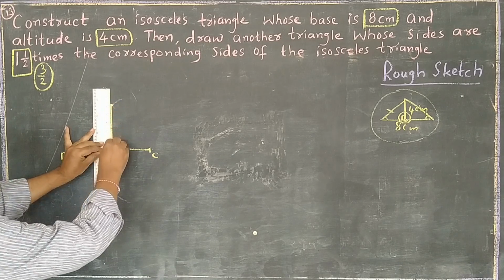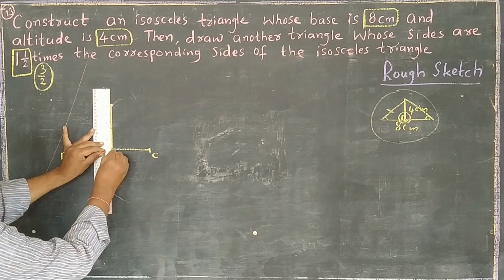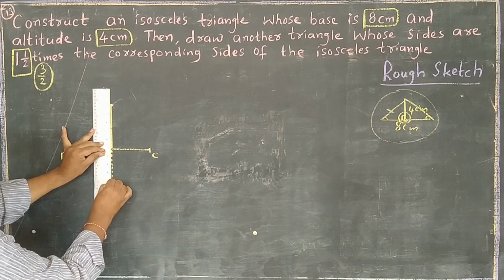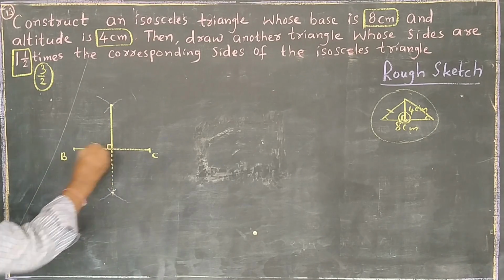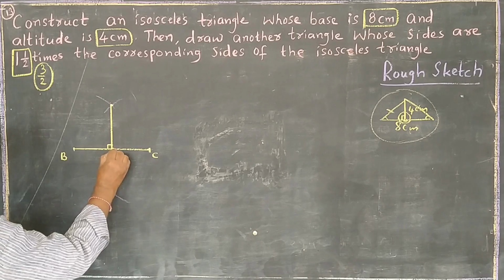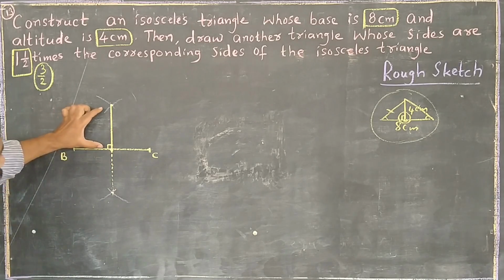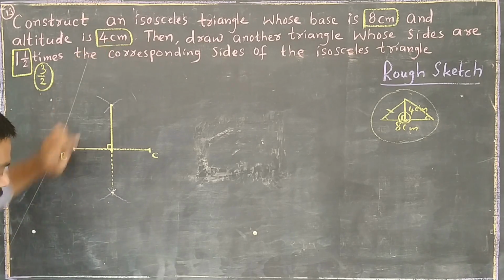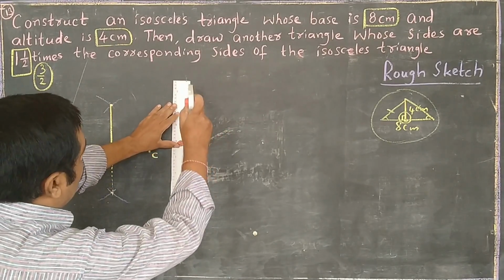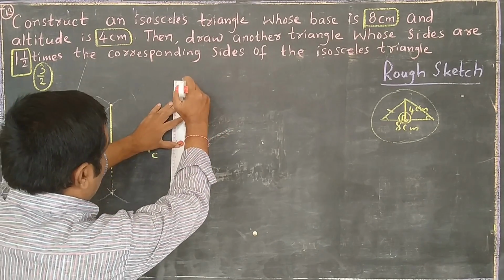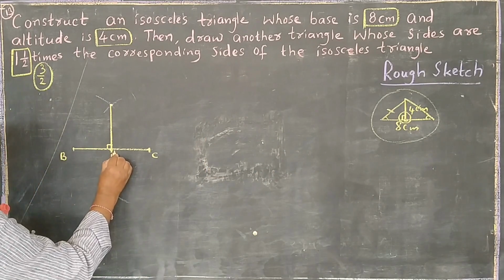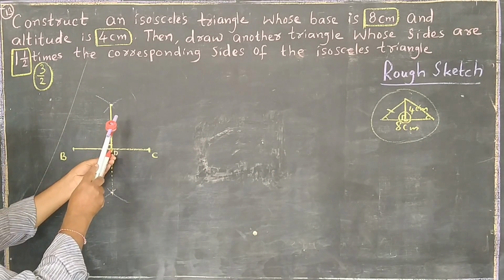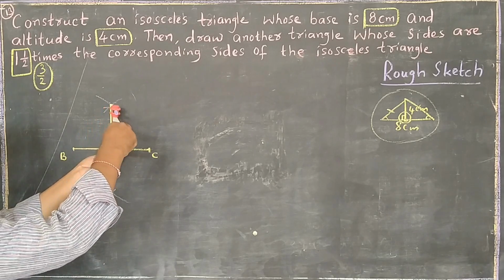Up to here is enough for our work. This is just helping, the perpendicular bisector. This is also the midpoint, but is it 4 centimeters? We need 4 centimeters. Take 4 centimeters from the scale, and from the midpoint D, cut the 4 centimeter length on the bisector.